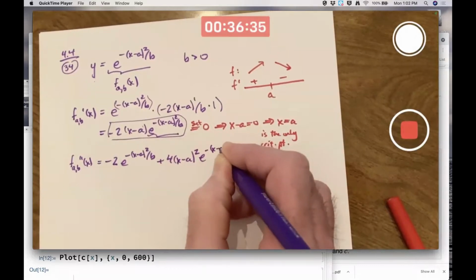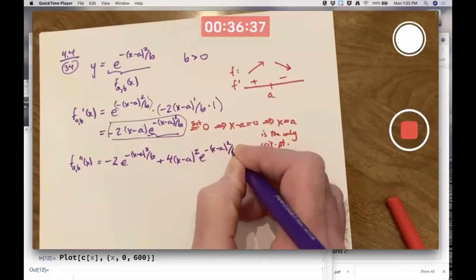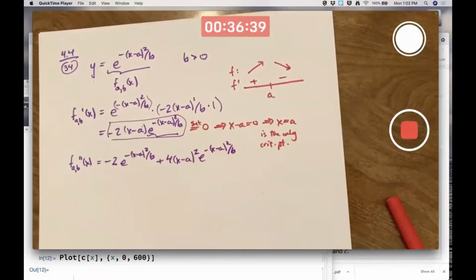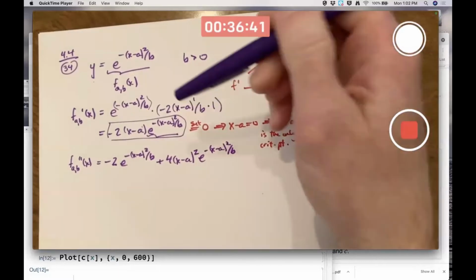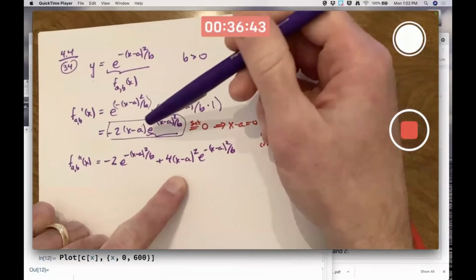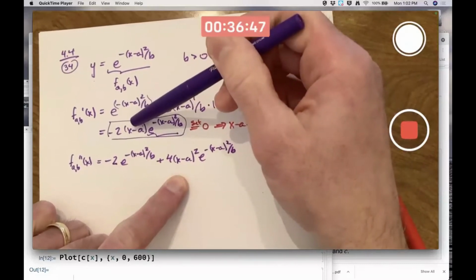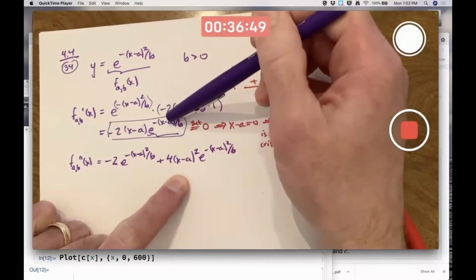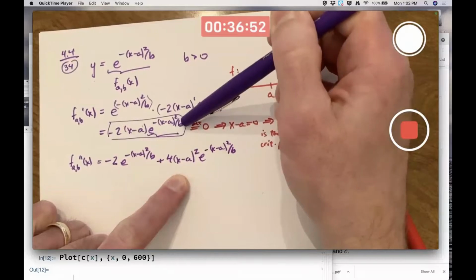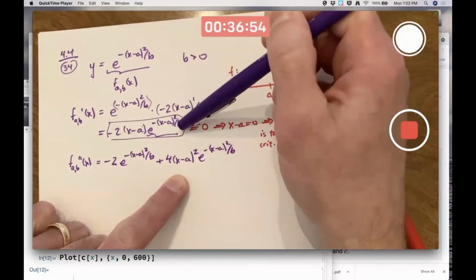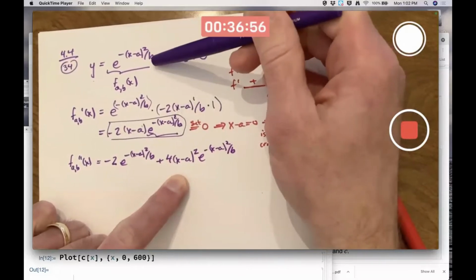So I just did a couple steps there in my head. I'll say it again. Right here, what I did essentially is I imagined writing this first function, -2 times x minus a, then differentiating the second function from the product rule. But that second function is the same as the original function.